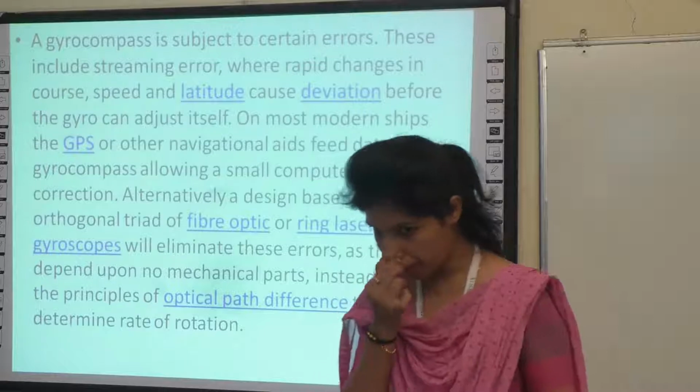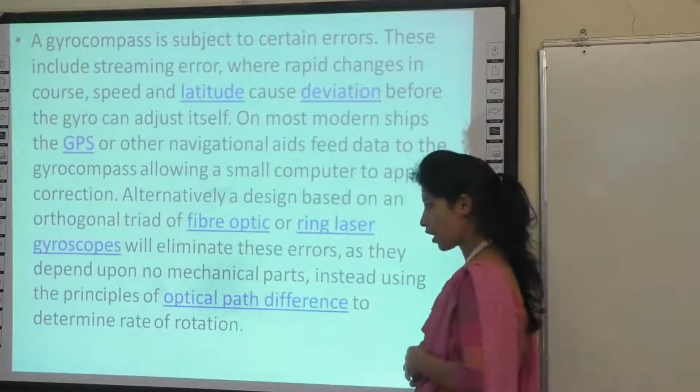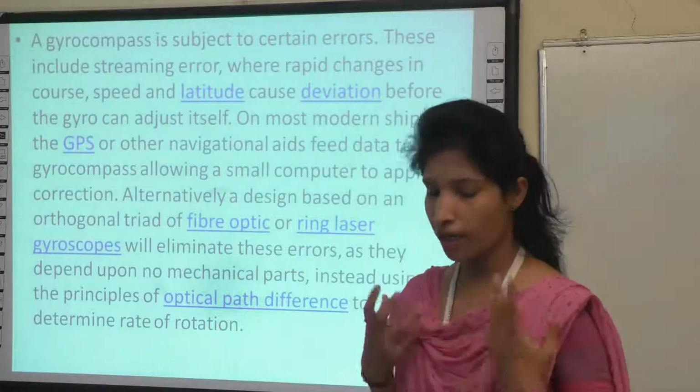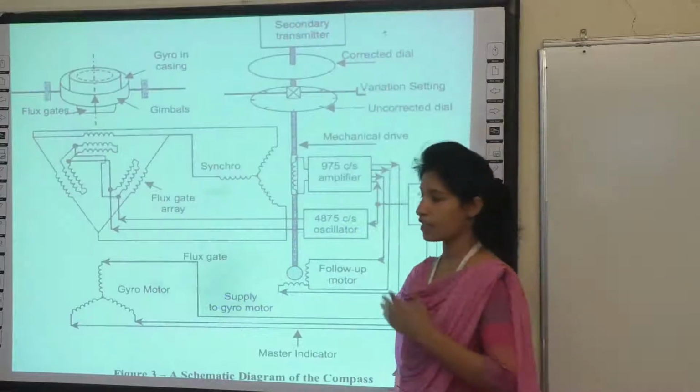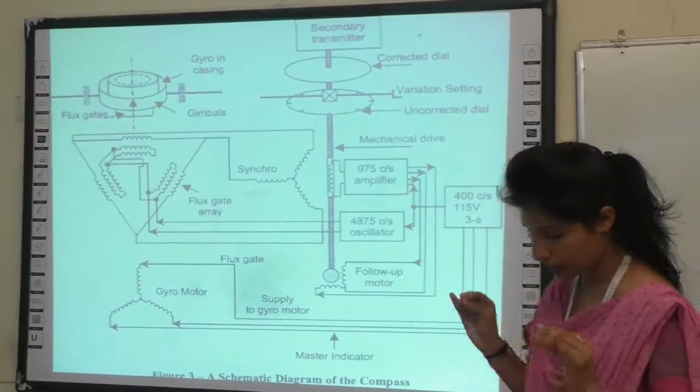They do not depend upon mechanical parts, but instead use the principle of optical path difference to determine the rate of rotation. This is how the gyrocompass is actually located.